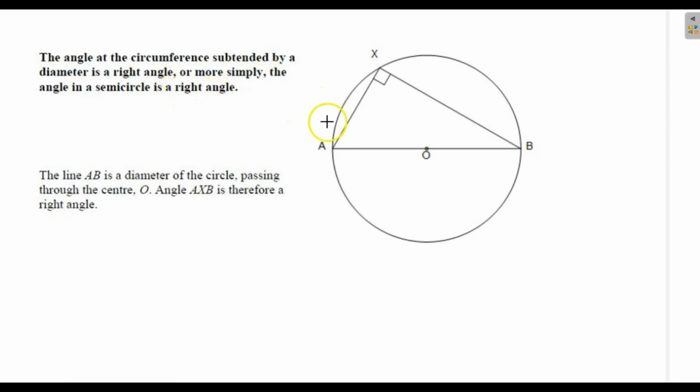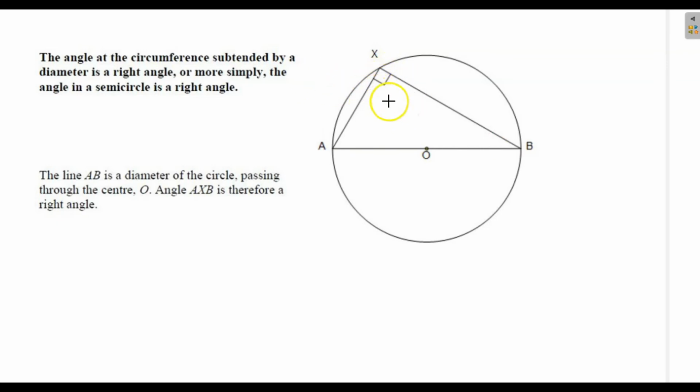In other words, when you have any angle formed at the circumference of the circle meeting a diameter, automatically that angle is 90 degrees, irrespective of wherever this angle is drawn or how big or small the angle is.